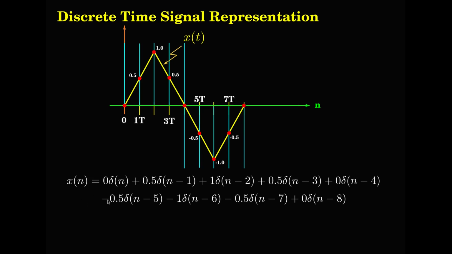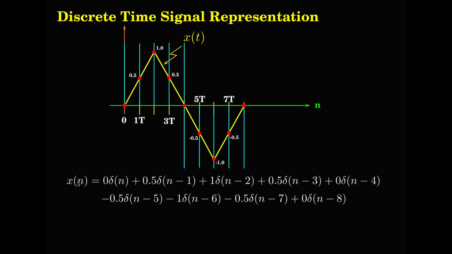Then minus 0.5 into delta n minus 5, minus 1 into delta n minus 6, minus 0.5 into delta n minus 7 plus 0 delta n minus 8. Okay. So this is what you would get by the discrete time impulse train representation.